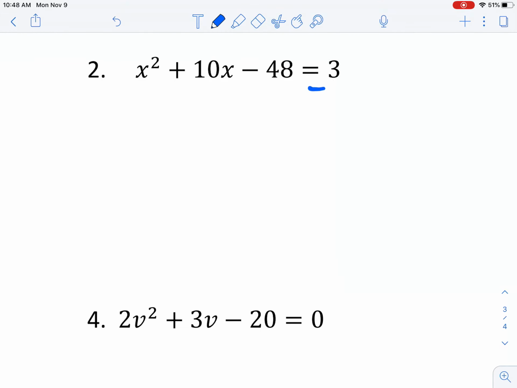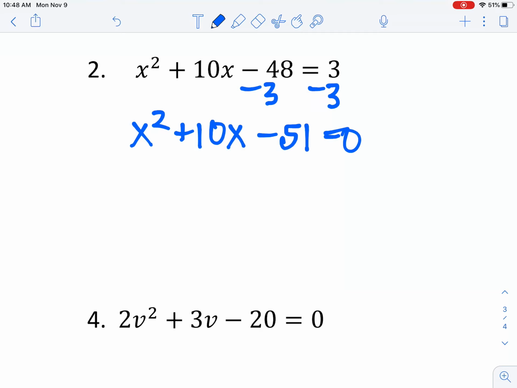Okay, here we're not set equal to 0, so let's subtract a 3. Okay, and as I'm looking, this one might be a good one for completing the square. Let's add that 51 over.